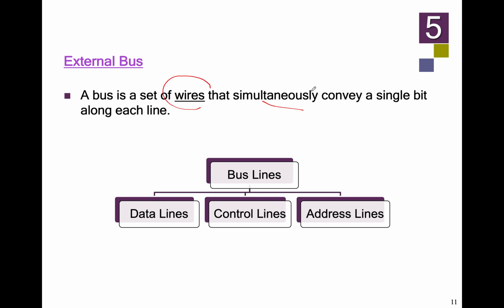Maybe you have thousands of wires. The bus lines are the data line, control line, and address line.